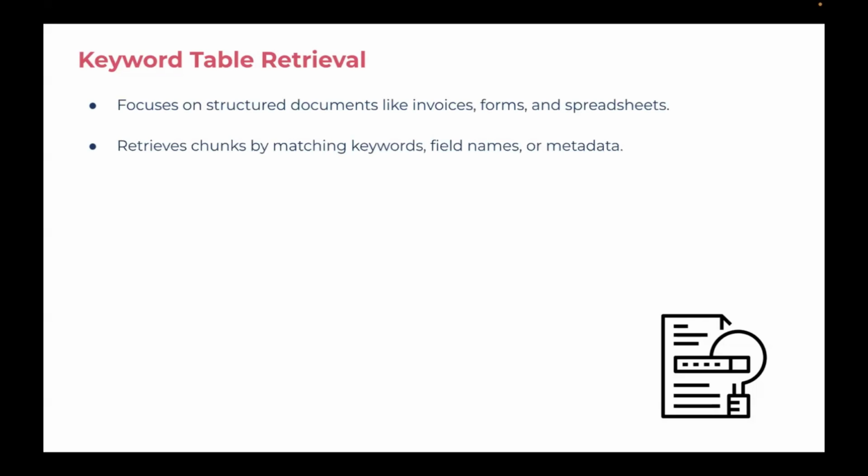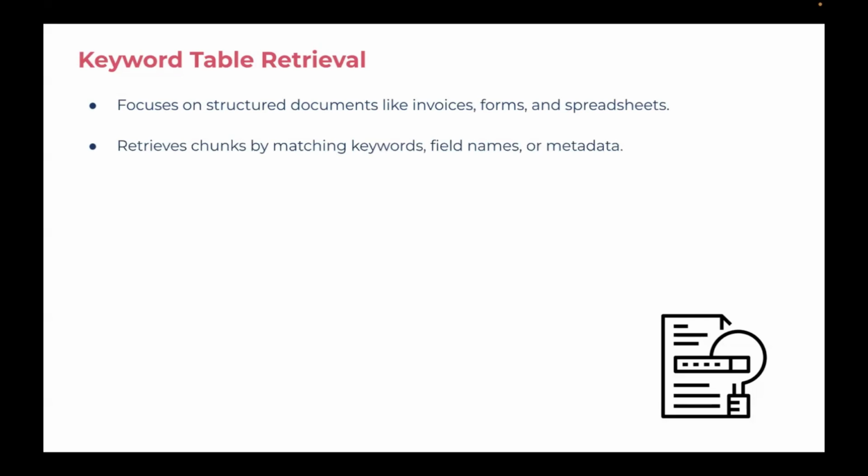Up next, we have the keyword table retrieval. This is a strategy which is designed to give priority to keywords that are present in structured formats within the document. So this could be invoices, spreadsheets, forms that contain tables, and so on. Instead of relying purely on the semantic similarity, the system basically searches for specific keywords across the document that you're looking for.